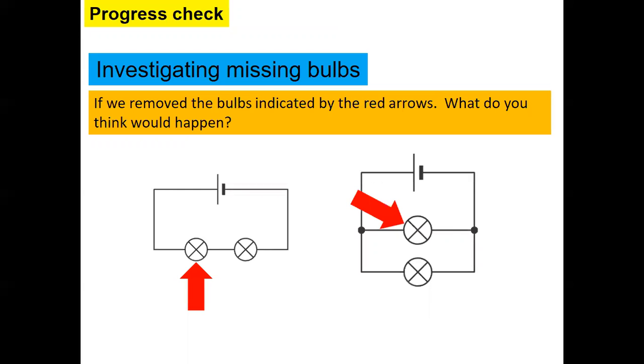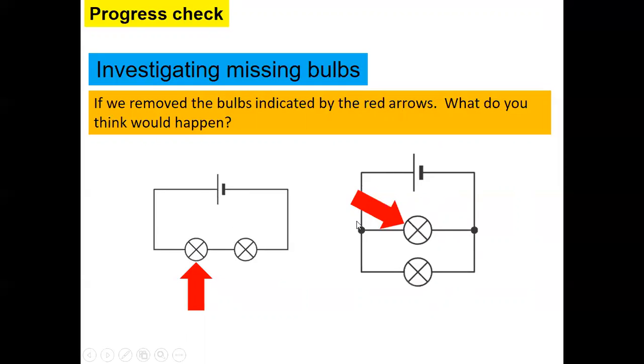Now, let's have a look at these ones here. So, if I was to take out a bulb from these circuits, what would happen to the other bulb? So the electricity is coming around the circuit, through this bulb, and back round to the cell. If this bulb was removed, would this bulb still light up? And the same with this one.